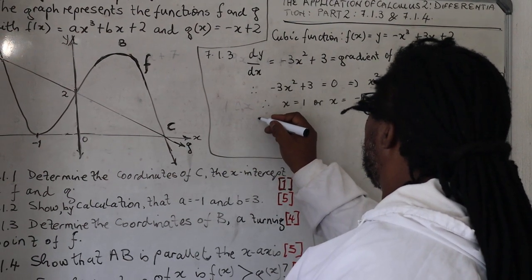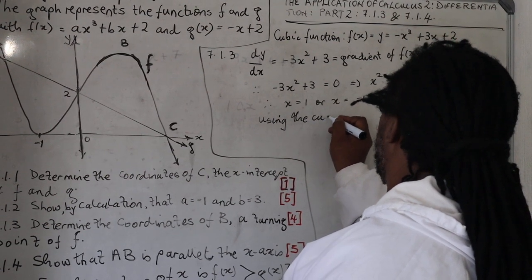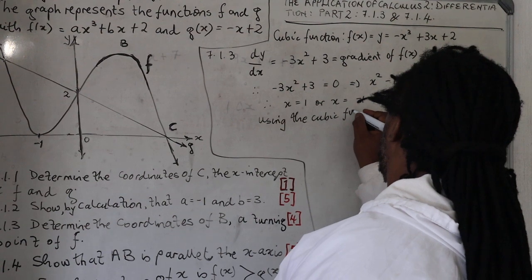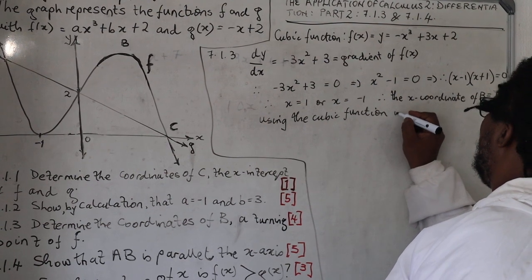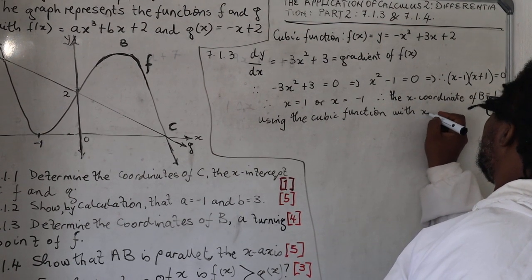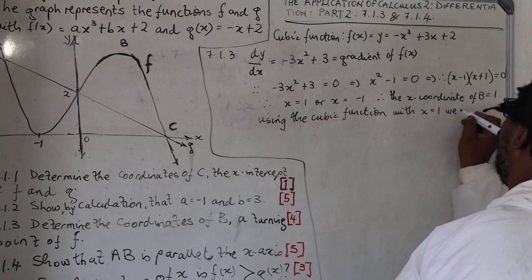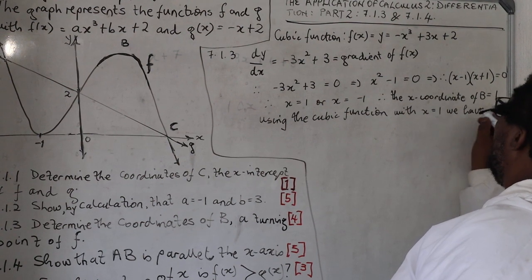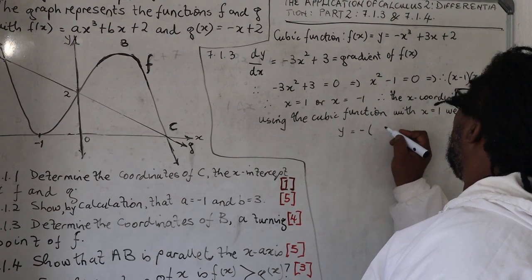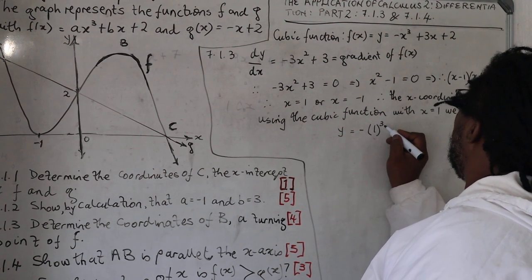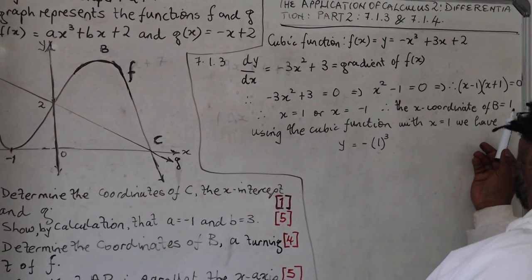So then, using the cubic function with x equals to 1, we have y equals to minus bracket 1 to the power 3. Notice that the minus does not include the 1.